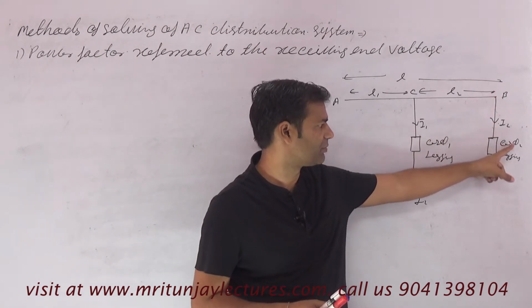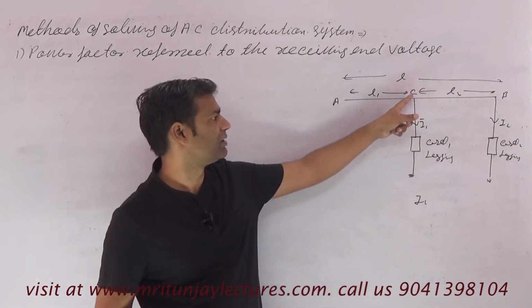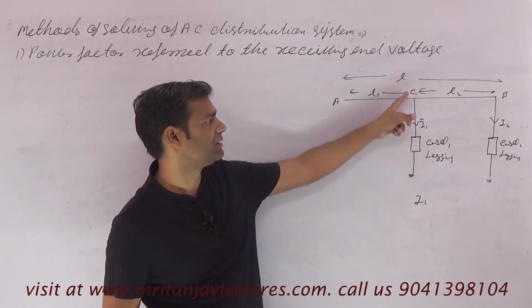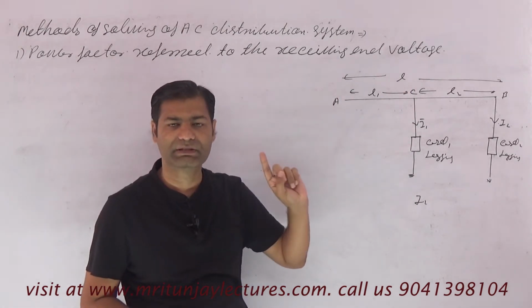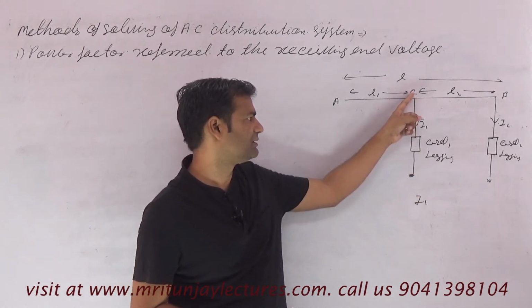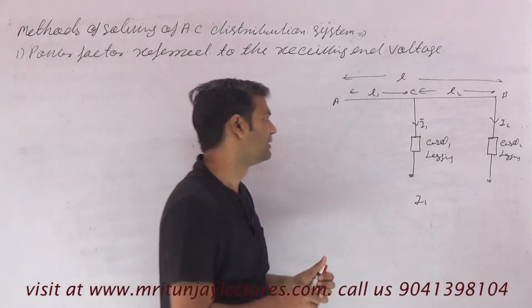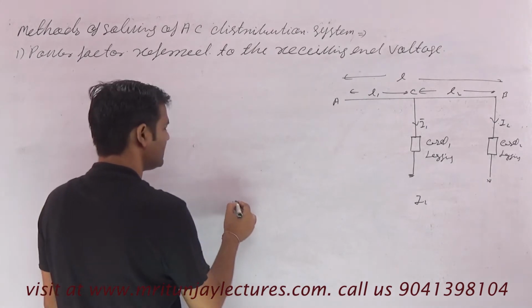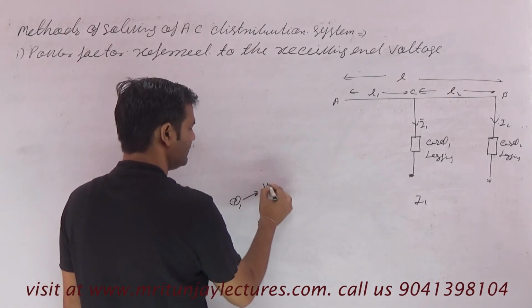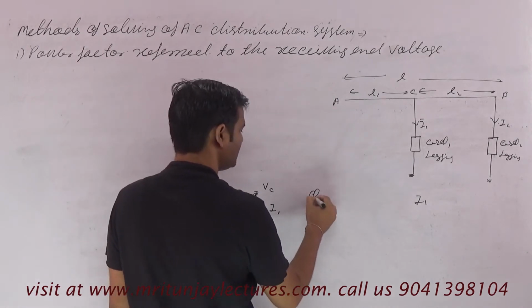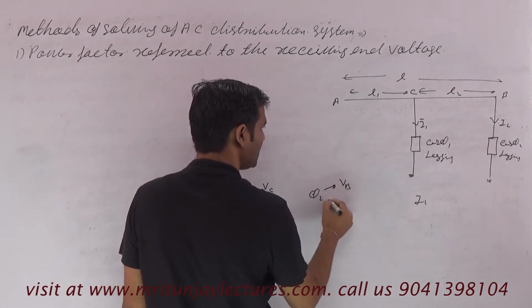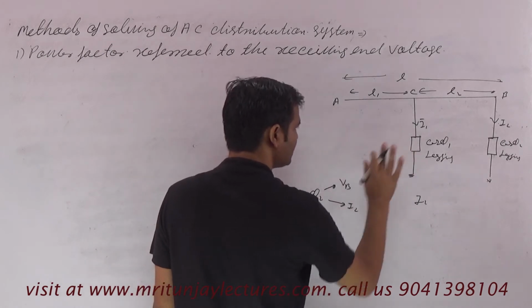The voltage corresponding to this power factor and the voltage corresponding to this power factor, that is VC, and the angle between VC and I1, then phi 1 is between VC and I1, and phi 2 is between VB and I2, corresponding to the load.